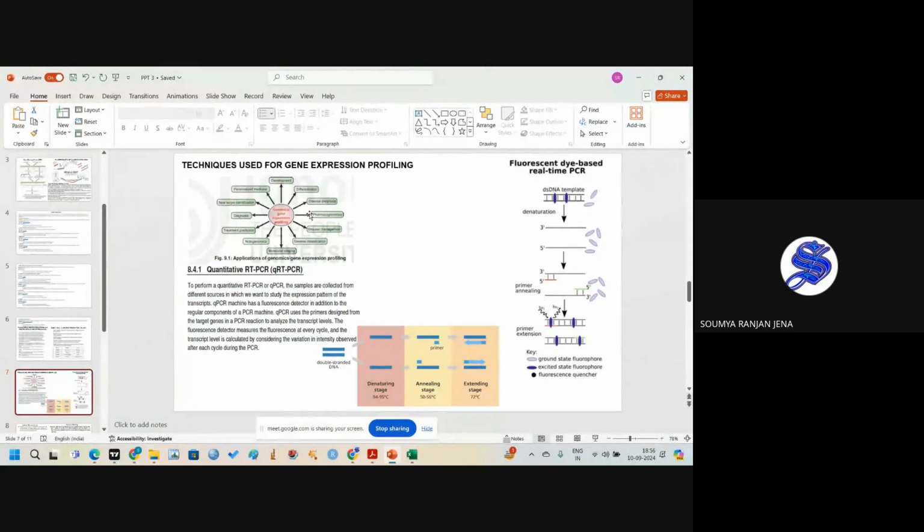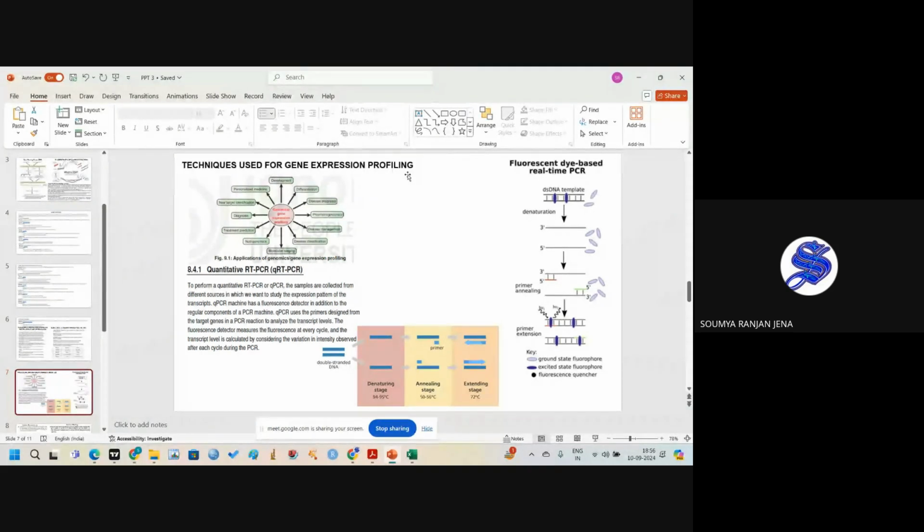A simple example is during the COVID phase, we analyzed the SARS-CoV virus using quantitative real-time PCR methods. According to their viral load, we can go for diagnosis or treatment prediction: how we will treat that patient, and whether the patient will be cured or not. You can use these techniques for gene expression profiling.